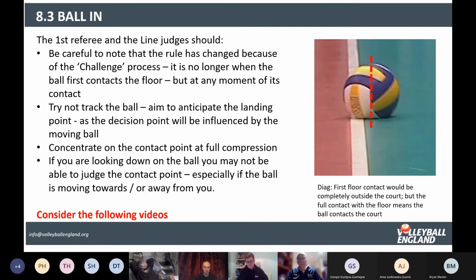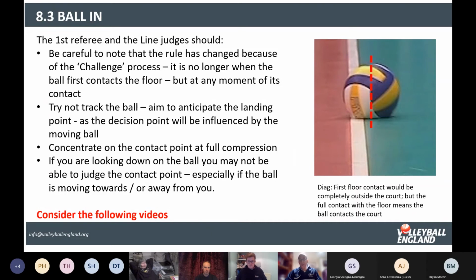The other thing is that when you're looking down on a ball, so if you're first referee and the ball is being hit across court to your sideline, then a lot of the time, if it's close to you, you're looking down on that ball, and you will not be able to judge exactly where that contact point with the floor is.